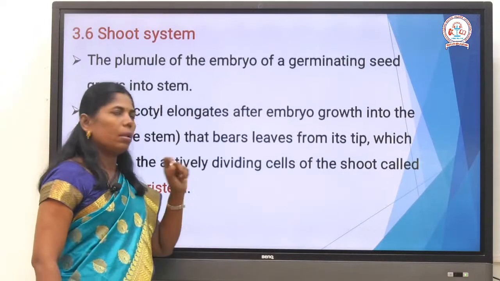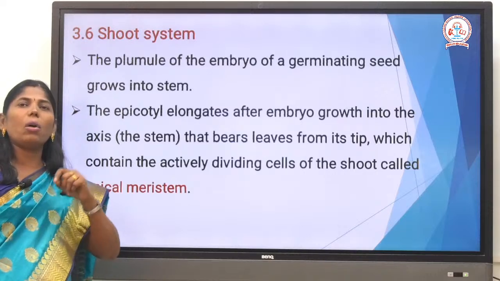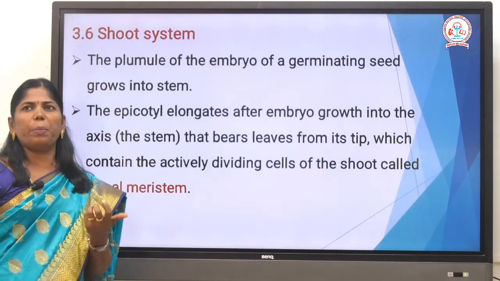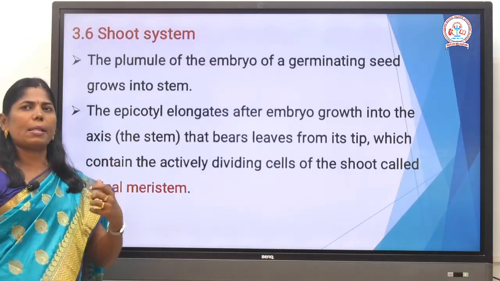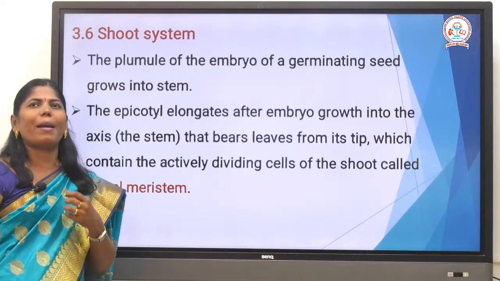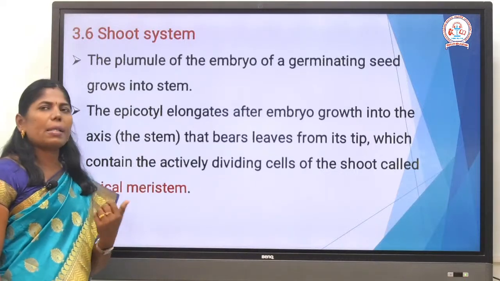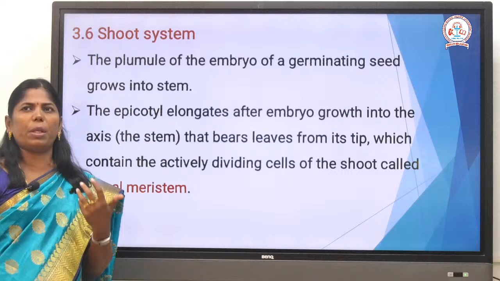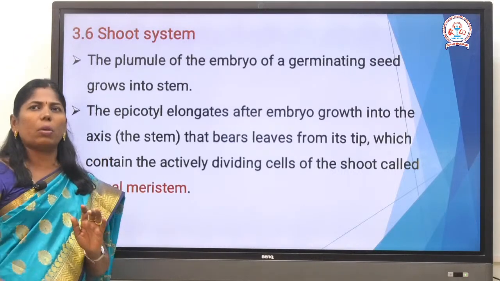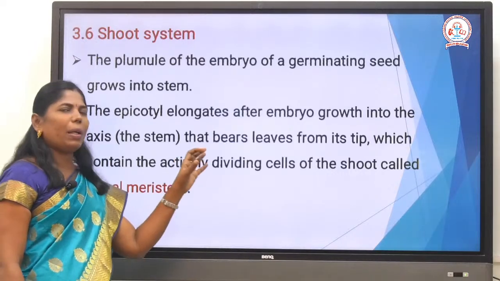So the epicotyl elongates after the embryo grows into the axis. Axis means the main stem. The main stem we call the axis. From the axis, which bears the leaves from the tips, leaves, fruits, flowers all arise. That is the epicotyl portion.